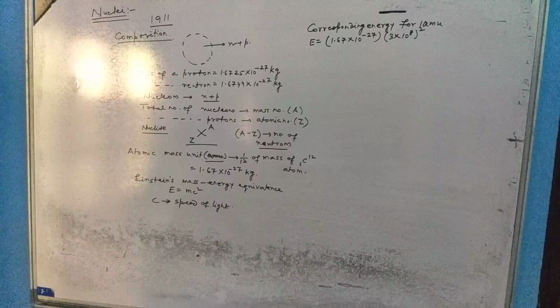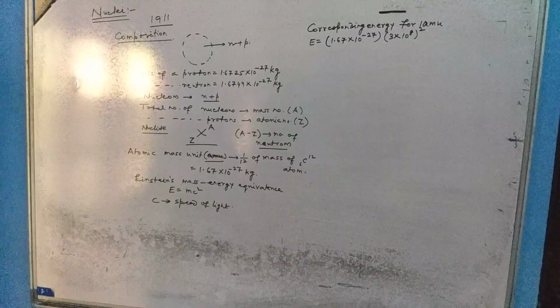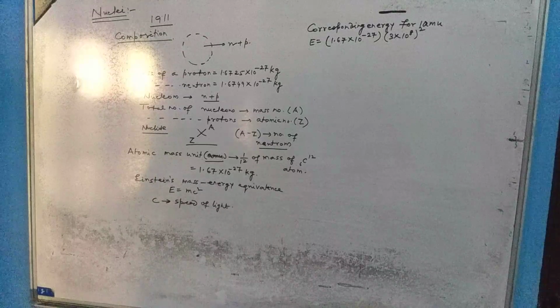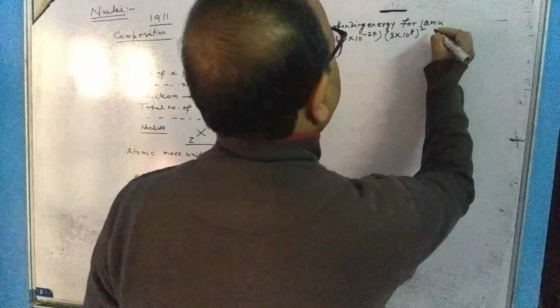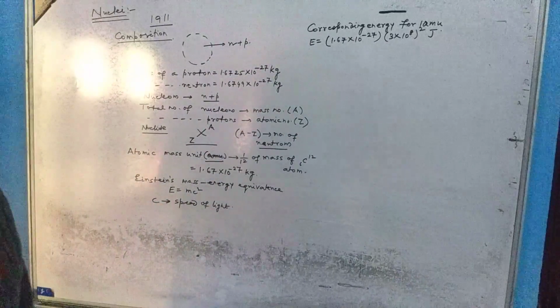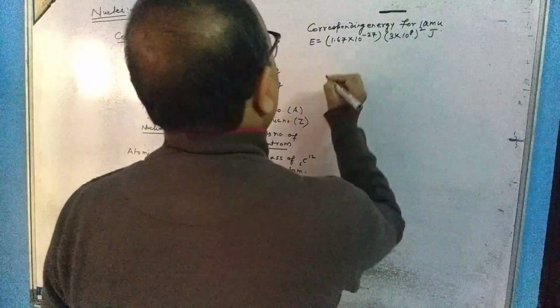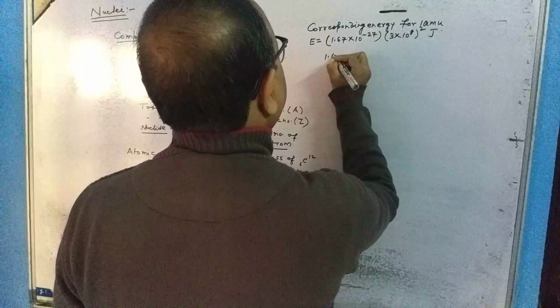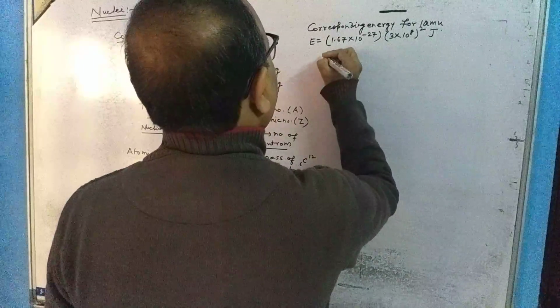So 1.67 into 10 to the power minus 27 into 3 into 10 to the power 8 whole square. What we are getting is this much joule.